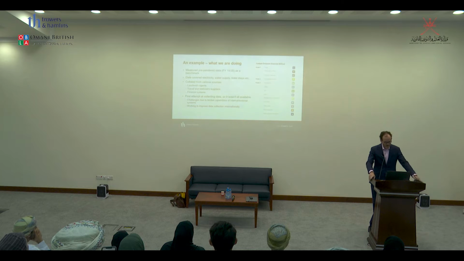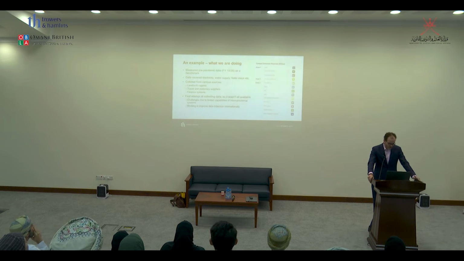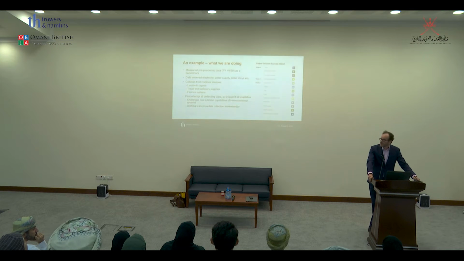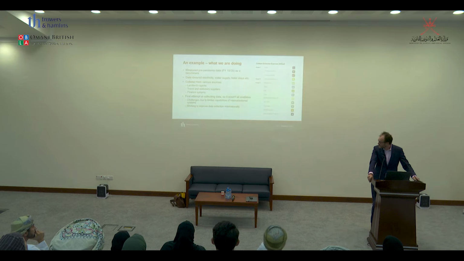We have 4 or 5 offices around the world, and 4 in the UK as well. Where did this come from? Well, landlords, agents, our travel suppliers, our finance systems, and this was not available for all of our offices. So there was a fairly significant information gap, but that's something we'll be working on in future years.